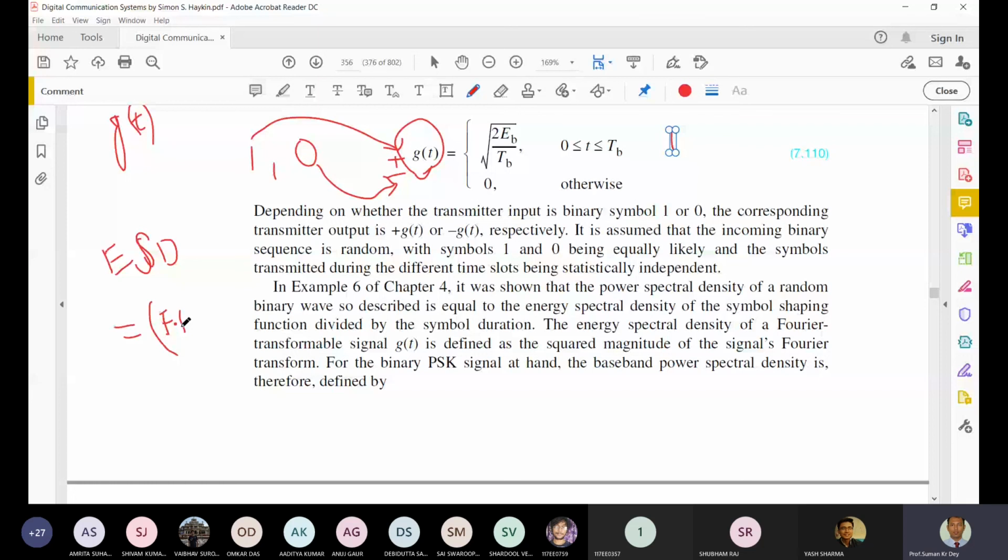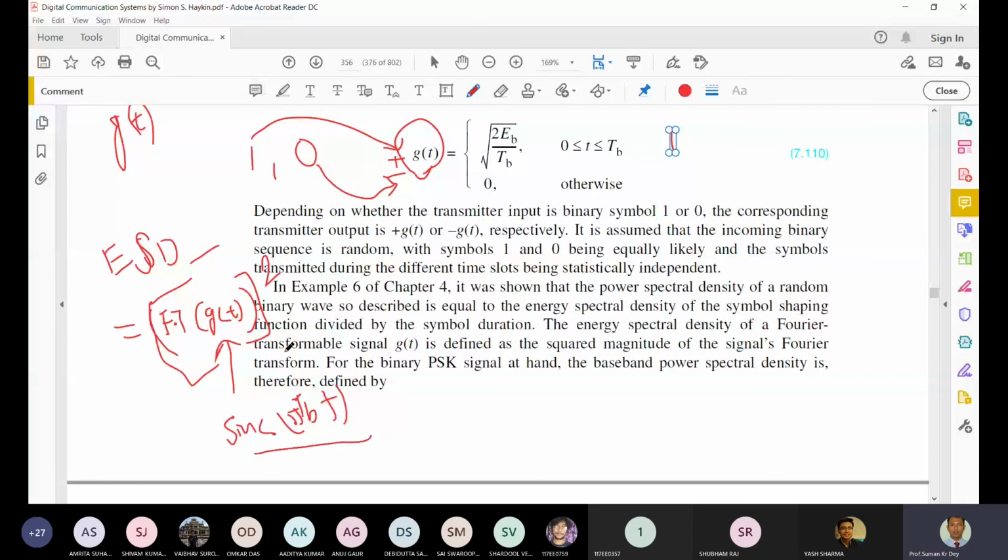So this is your sinc function: the Fourier transform of the rectangular pulse is the sinc function, sinc of pi Tb f.